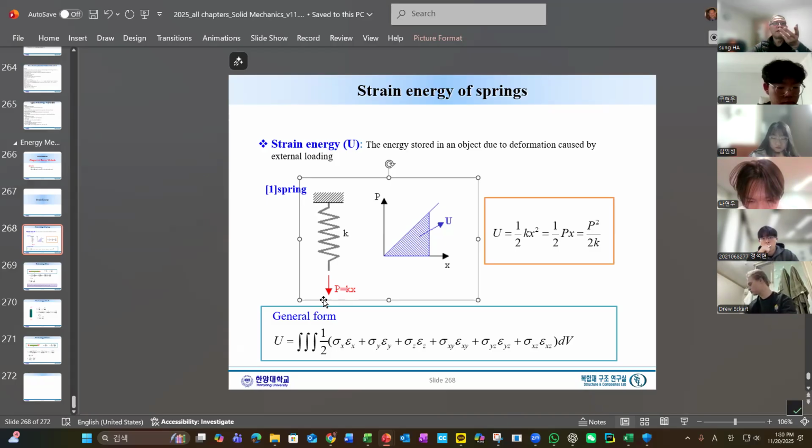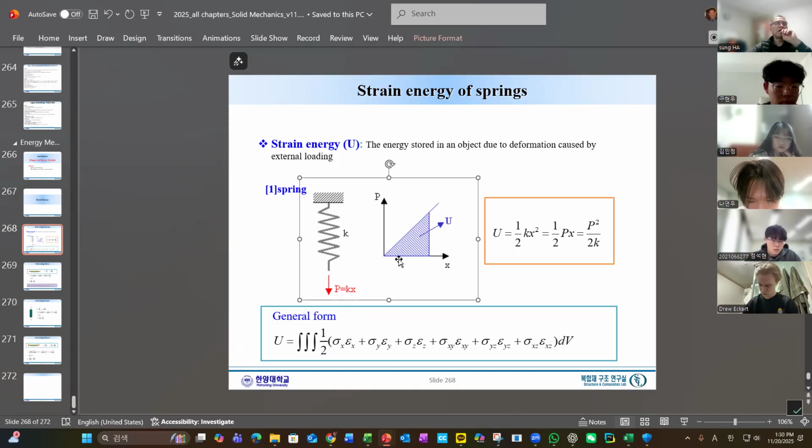That is P equals Kx. So what we mean by applying P is that we have a history from 0 to P, 0 to 100. I just like to remind you of this definition, not just P itself.